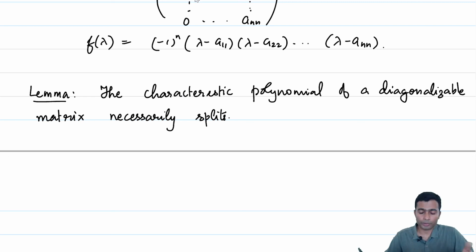I will not keep you in suspense and say that it is not necessarily the case. That's not a sufficient condition. However, the splitting of the characteristic polynomial can be studied in depth in order to conclude something about the diagonalizability of the given matrix, which will be the content of the lectures to follow.